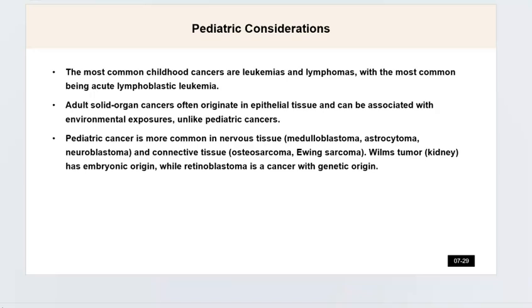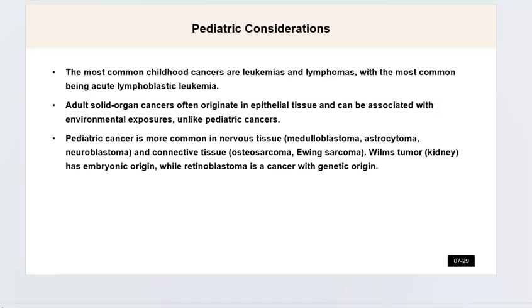The most common childhood cancers are leukemias and lymphomas, and the most common is the acute lymphoblastic leukemia, which is ALL. Okay. Most times, cancers in pediatrics are different from adults because it's not typically epithelial origin. So, oftentimes, the cancers cannot be explained by the environmental exposure.